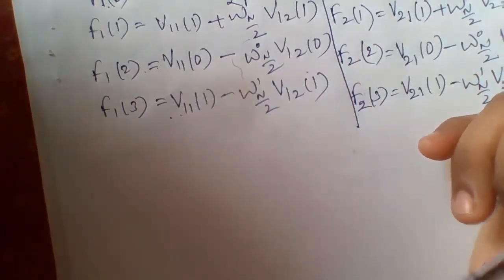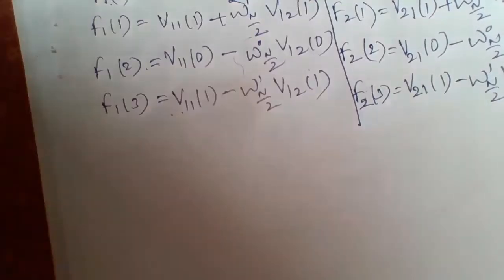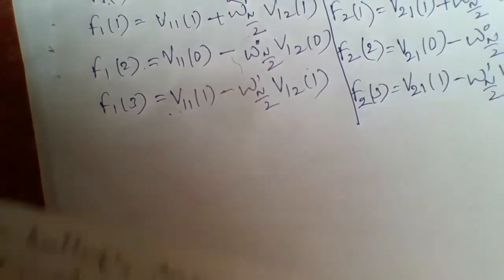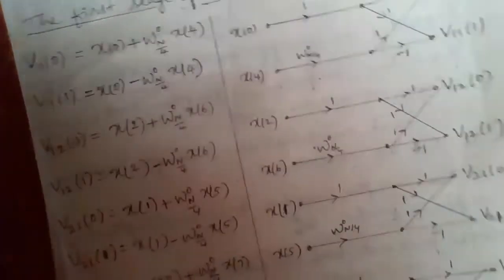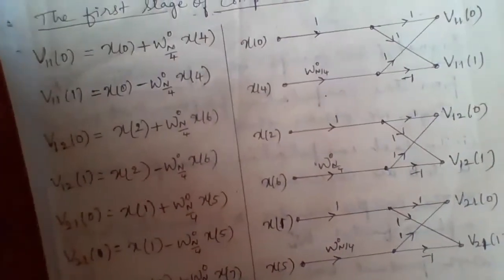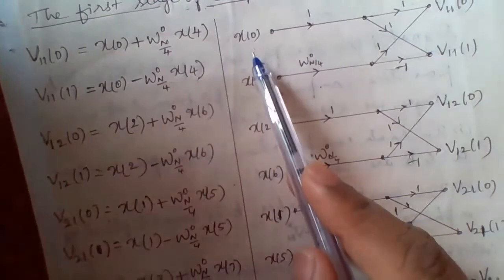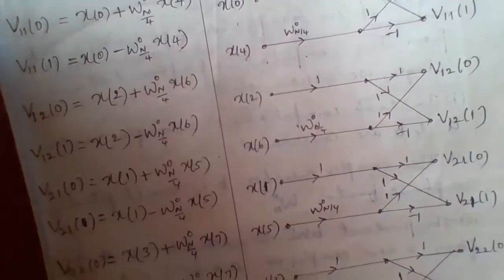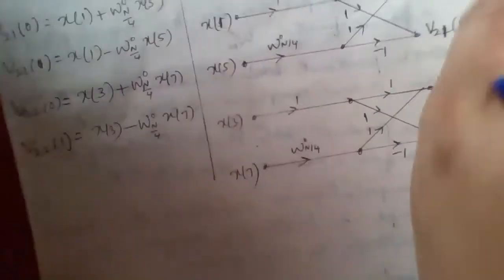Recall that while writing the first stage, our inputs were x of 0, 4, x of 2, 6, x of 1, x of 5, x of 3 and x of 7.